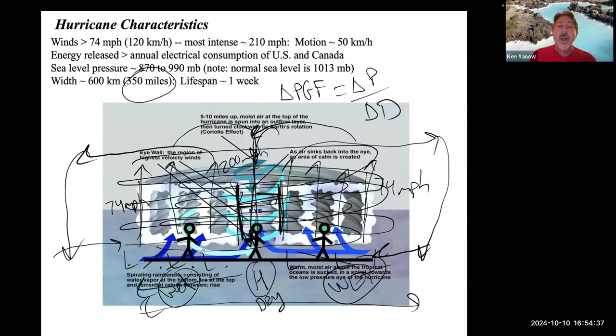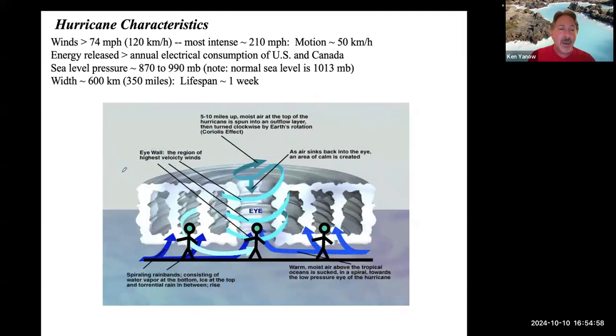So the closer you get to the eye wall boundary, the more you are maximizing the pressure gradient force. The pressure gradient force is the strongest at the eye wall boundary, and it's the weakest at the furthest spiral from the eye wall boundary. That's why the winds here are around 74, and the winds here can be on the upside of 200.